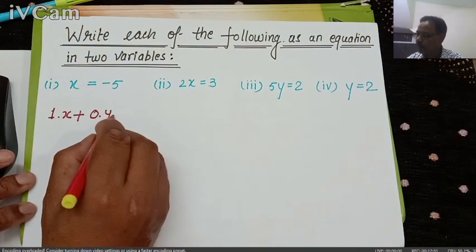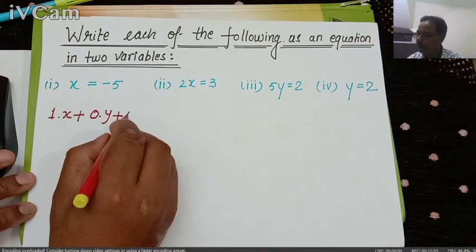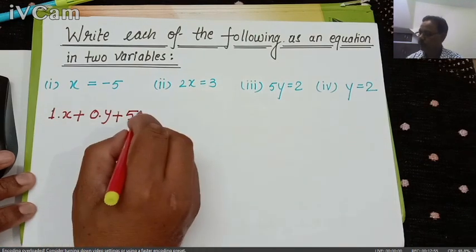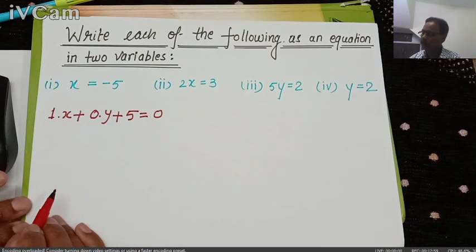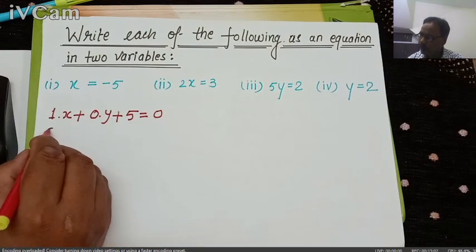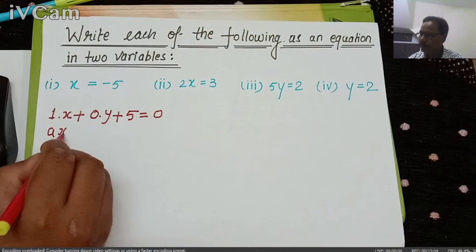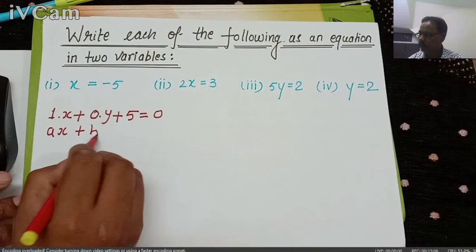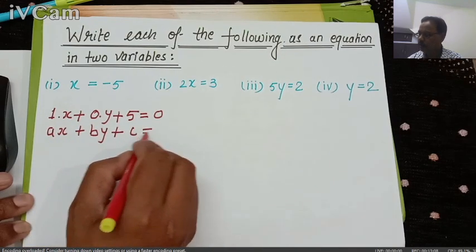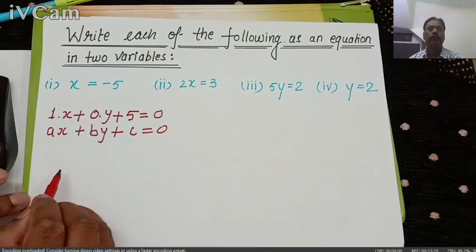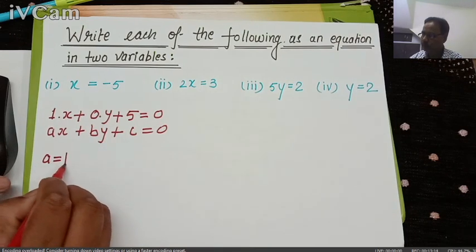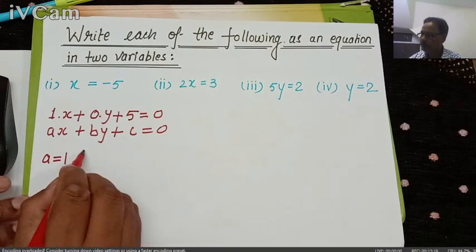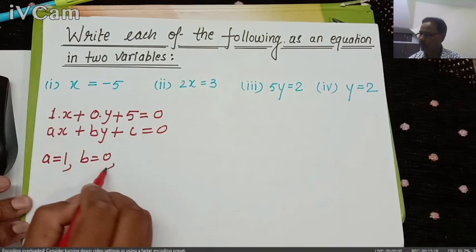So we shall transpose minus 5 to the left, plus 5 is equal to 0. Now we are writing here standard form of the linear equation: ax plus by plus c equal to 0. Now we can write the value of a, b and c: a equal to 1, b equal to 0 and c equal to 5.